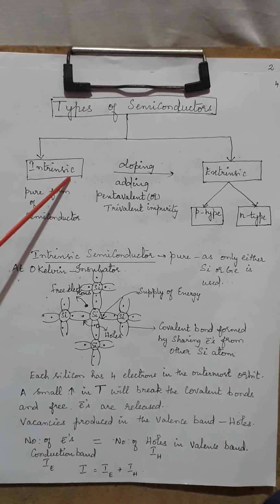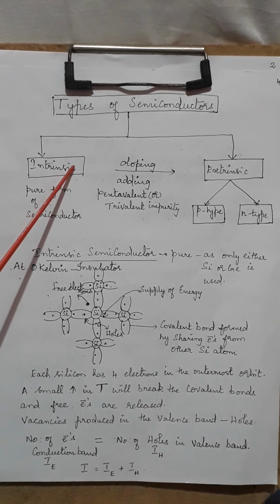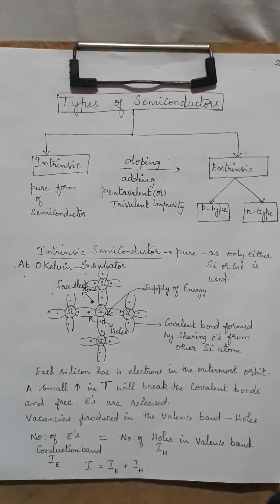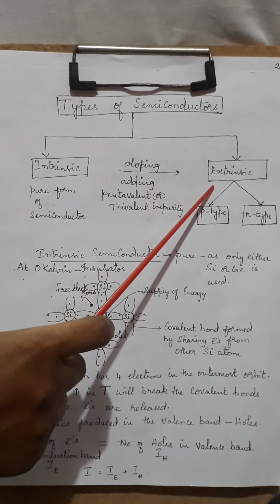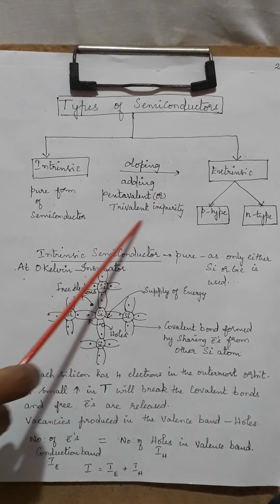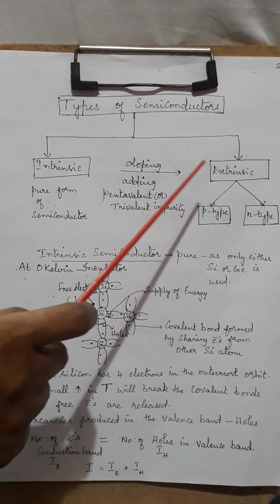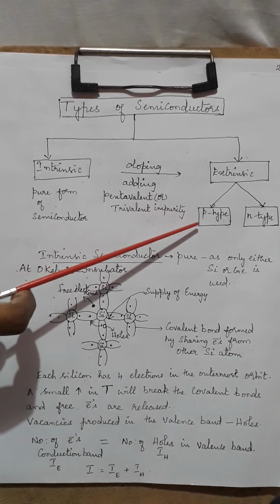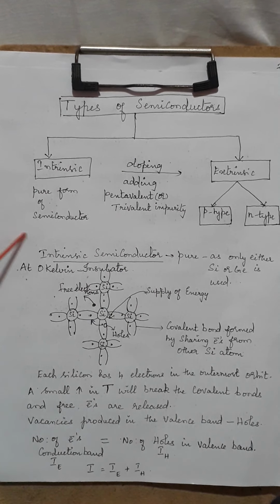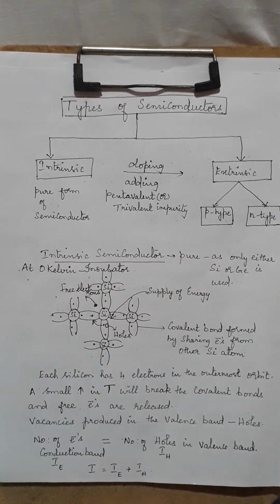So by doping an intrinsic semiconductor, I can convert it into an extrinsic semiconductor. Extrinsic semiconductors, based on the material that I have added, will turn into either p-type semiconductor or n-type semiconductor. So these are the types of semiconductors.